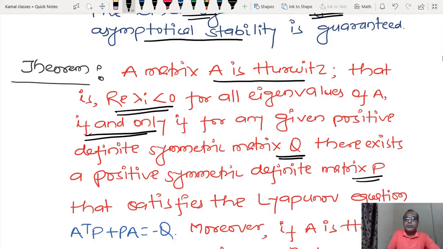So if you assume A is Hurwitz, then given a positive symmetric definite matrix Q, there exists a positive symmetric definite matrix P. And vice versa, if you take a positive symmetric definite matrix Q and a positive symmetric definite matrix P, then there exists a Hurwitz matrix. Does anyone have confusion about what I am saying here? I am saying it is if and only if.